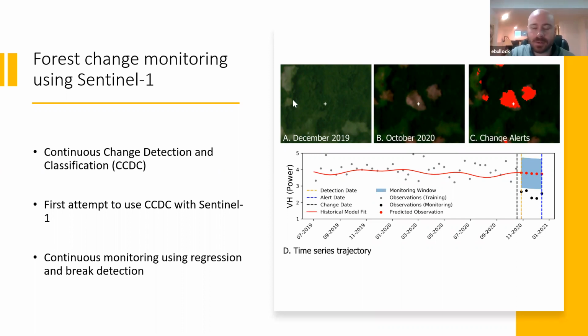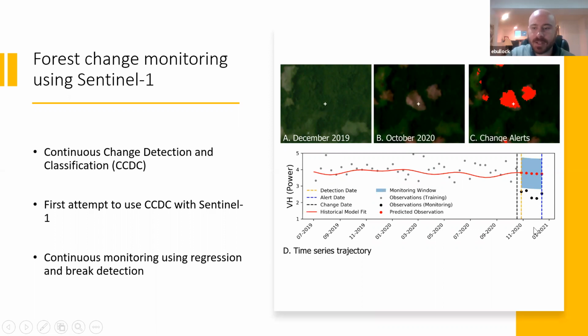So there's an example here on the right. This is a forest change event in Madagascar. You'll see that between December 2019 and October 2020, there's some sort of change in this patch in the middle of the figure.